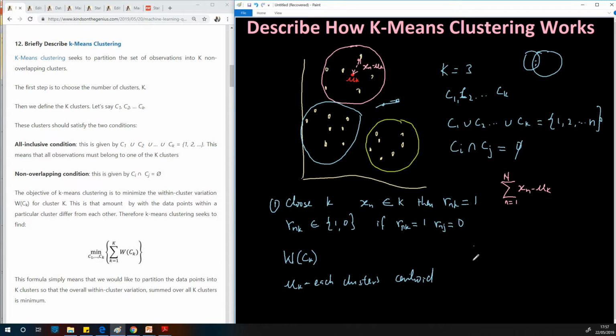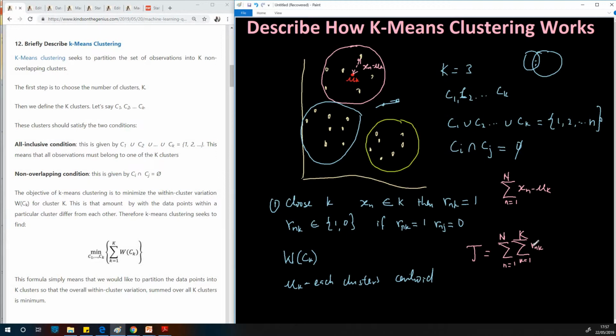So we sum from n equal to 1 to N for all the data points, then we sum for all the clusters, k equal to 1 to K, of rnk.